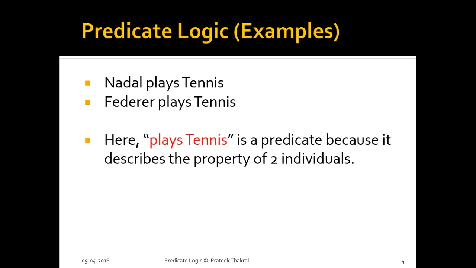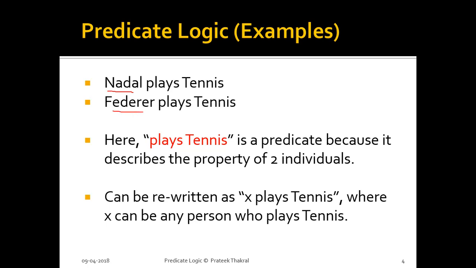If we look carefully at these two sentences, "plays tennis" is the common part. These common words are the predicate, because they describe the property of two different individuals, and we can replace the individual name with the variable x and rewrite it as x plays tennis. The complete sentence x plays tennis becomes a predicate, where x can be any person who plays tennis.